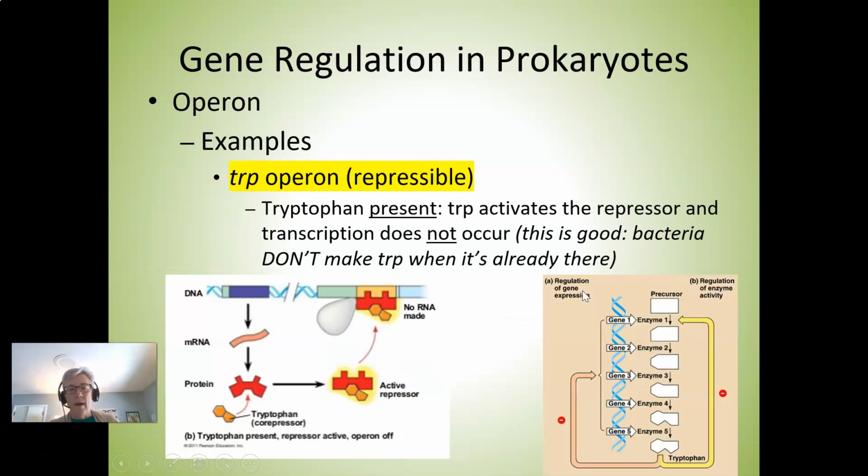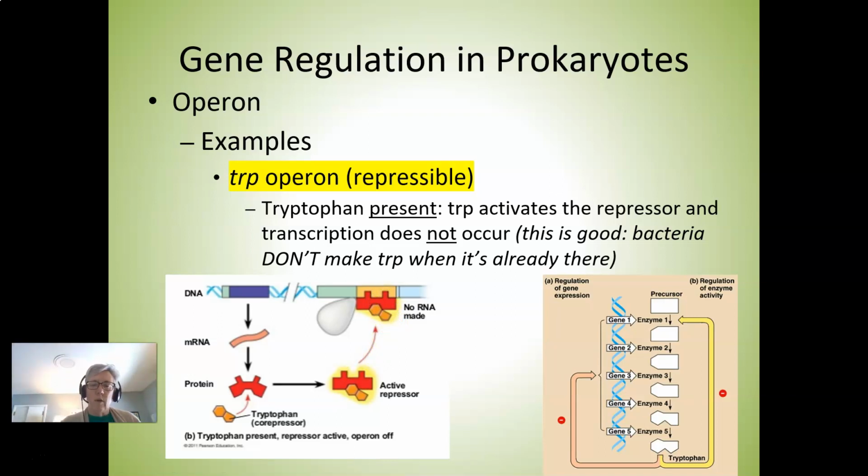All right, but if we have tryptophan, we want to turn that operon off because, again, we don't want to make something that we already have. So in this case, the regulatory gene will make this red Lego piece protein, which is the repressor. Tryptophan acts as the co-repressor, will bind to the repressor and activate it. And now the repressor has the conformational shape that will bind to the DNA and block transcription.